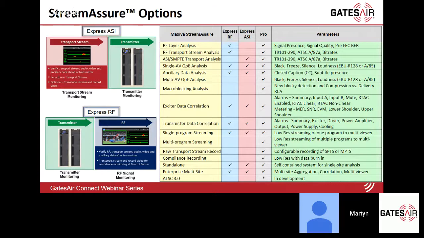So you can certainly go from a very limited set of features up to a fully loaded professional system that does everything, including capturing raw data, recording video and audio, where you can certainly store it, play it back later, and look for glitches. You can also correlate and align faults to see where they are. It goes quite involved at this point. So there's quite a bit of analysis that can be done, particularly with the Pro version of this, which also includes macro blocking detection, which I think would be very useful.